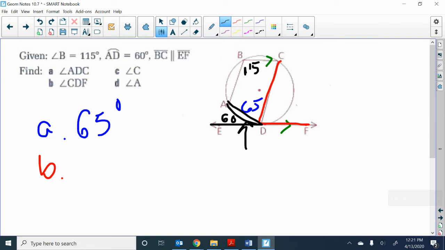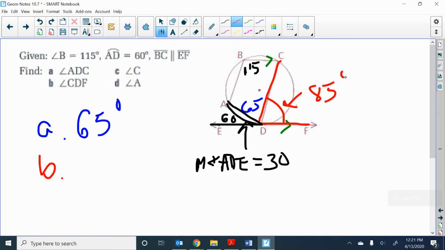So the measure of angle ADE has to be 30 degrees, half of the arc that it's eating. So now I have a 30-degree angle and a 65-degree angle. And so what's left for CDF? That has to be 85 degrees. So that's my answer to B, 85 degrees.